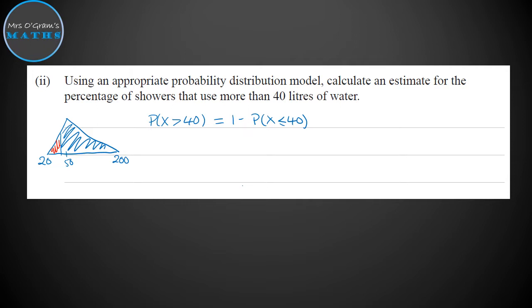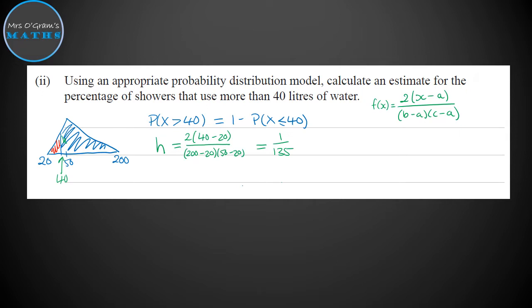So for the area of that red triangle, we're going to need to work out the height here at 40. So that will use the formula for the triangle distribution. So that looks like this. We are, of course, using the formula for when x is on the left-hand side of that mode of 50. Now, popping those numbers in, we get 1 over 135 for the height. So now we can work out the probability from above and switch back to doing that.